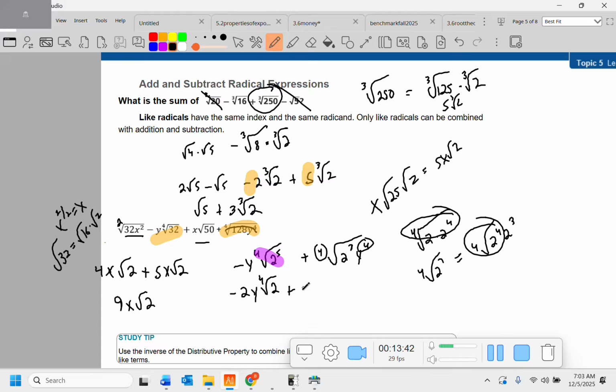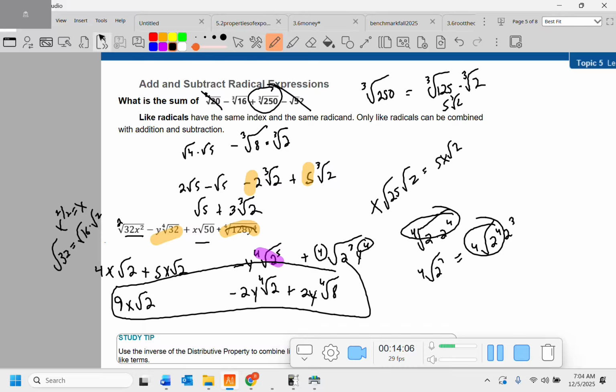But then I'm stuck with 2 cubed inside. And that's 8. So I really can't do much with this. As nice as it would have been if they would have been able to get put together, they cannot be. So my final answer is 9x root 2 minus 2y fourth root of 2 plus 2y fourth root of 8. And that is my final answer.